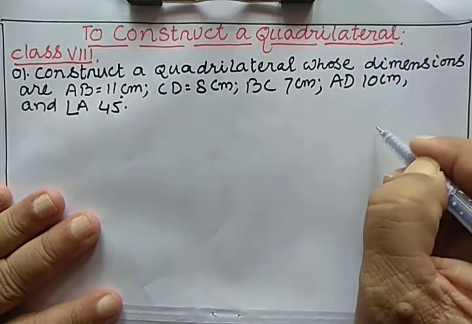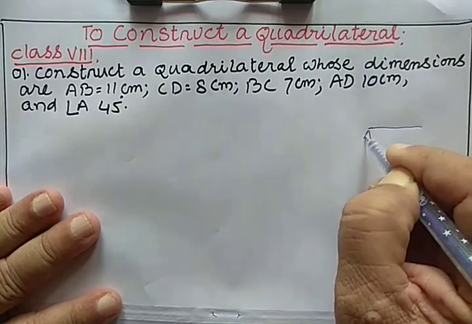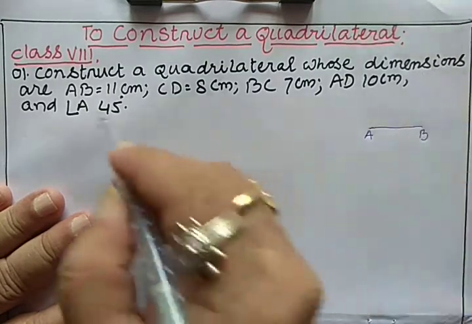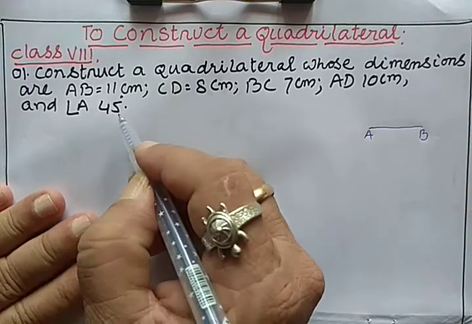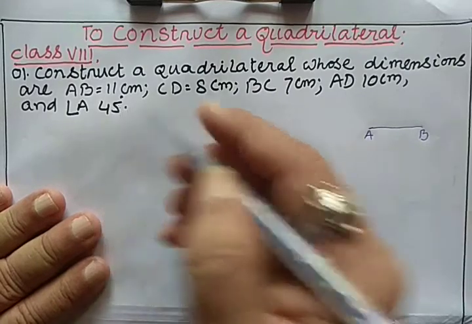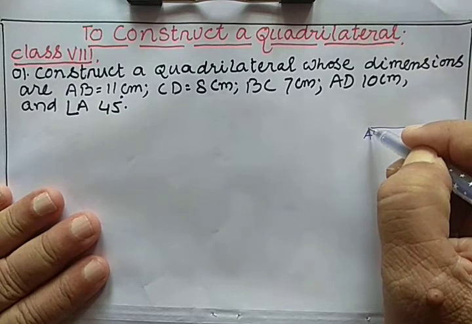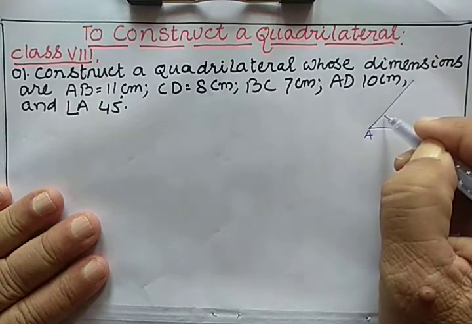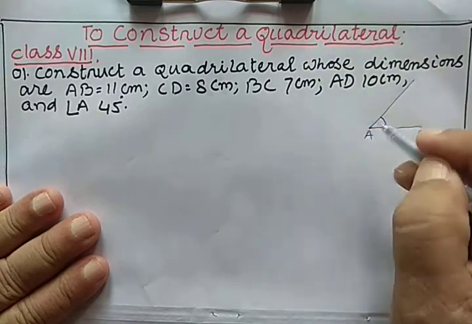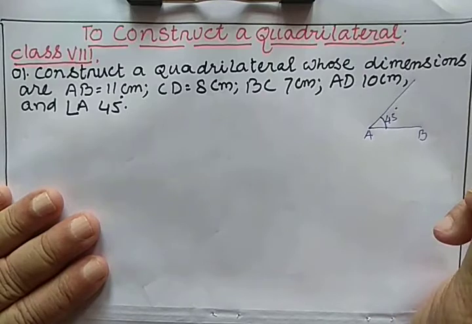So here I take base AB. What is the reason? The reason is angle A is given 45 degrees. So here at A I make 45 degrees. How I make? When we actually draw this diagram, at that time we learn. This is 45 degrees. And next, what is given?